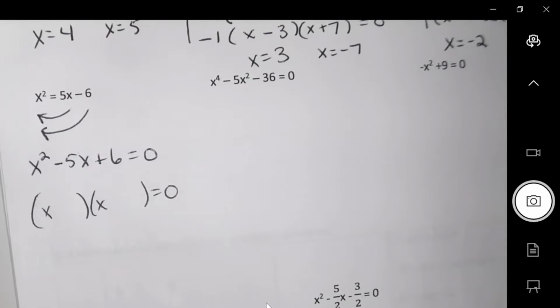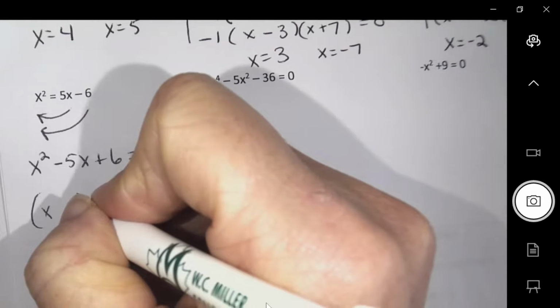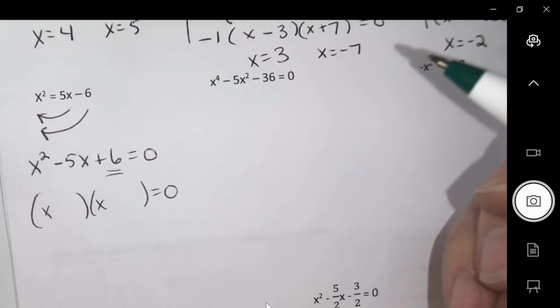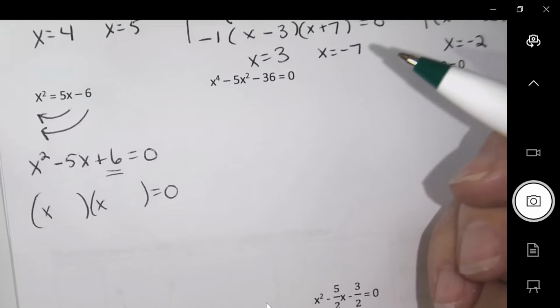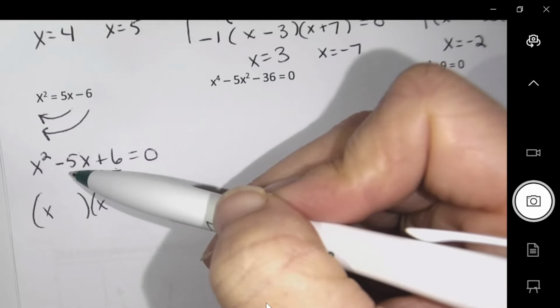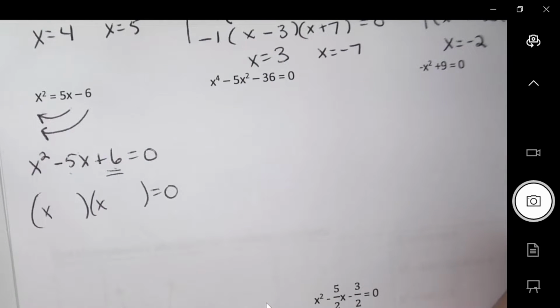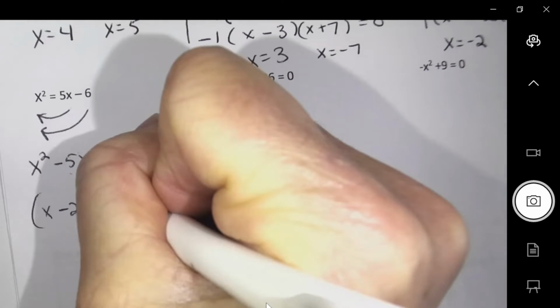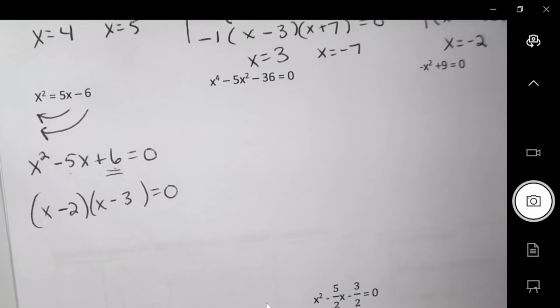It has to be 2 and 3 because they have to both be the same sign in both places. They have to both be either plus or minus, but in this case, they're obviously going to both be minus, right? So -2 times -3. Do you see how I end up getting a lot of people picking the wrong combo because it's so close to doing what you wanted to, but it didn't match up with the signs.